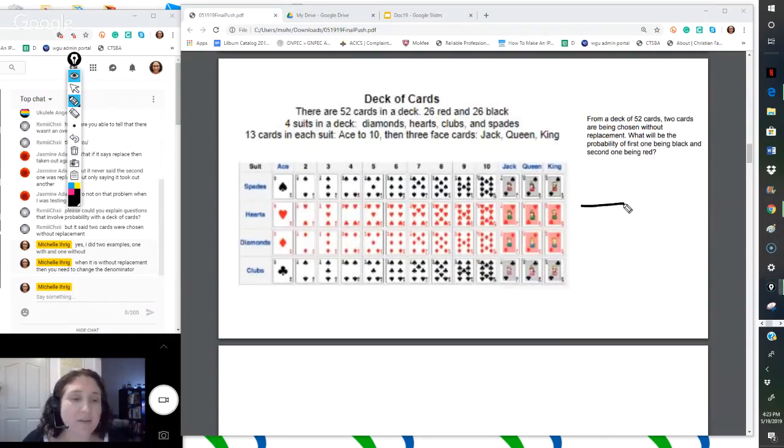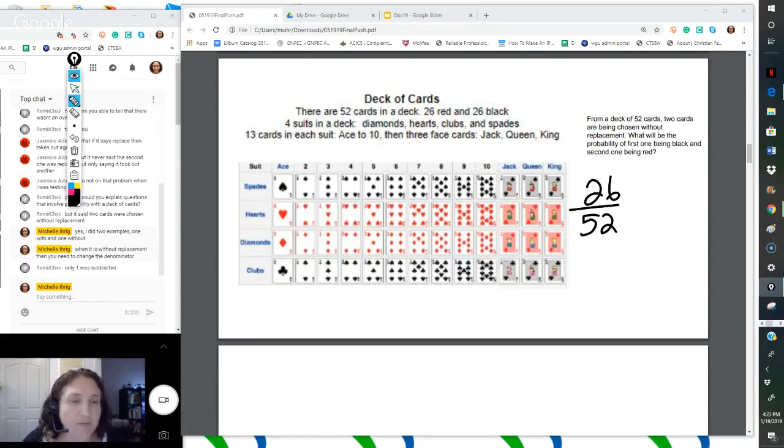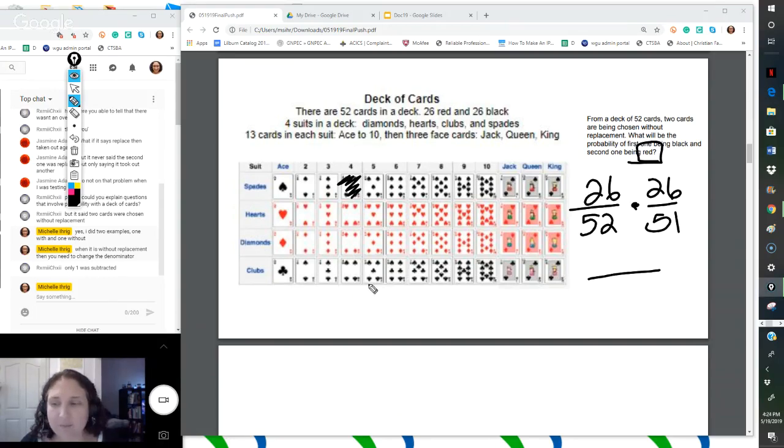So what I did wrong is this was supposed to be 26 over 52. I'm left with 51 cards in the deck. If I pull this 4 of spades, I stop paying attention. It wanted red. My fault. I will edit that part out later. I wanted red, so there's still 26 left. Hey, Google, what's 26 times 26? The answer is 676. Hey, Google, what's 52 times 51?